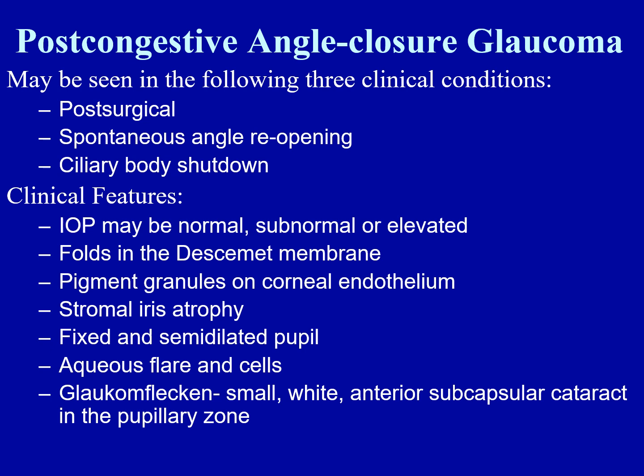Folds in the Descemet membrane may be present. Pigment granules on the corneal endothelium. Stromal atrophy. Fixed and semi-dilated pupil. Aqueous flare and cells. Glaucoma flecken. These are the small white anterior subcapsular opacities due to atrophy of the newly formed lens fibers in the pupillary zone.